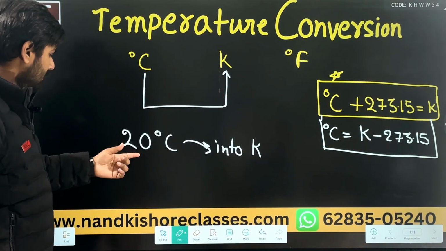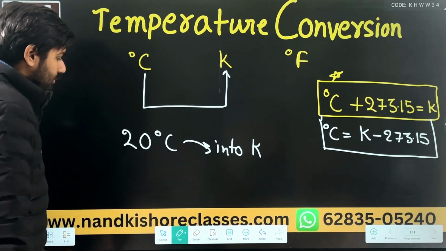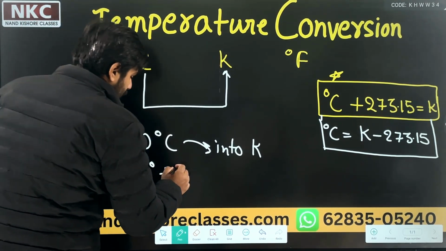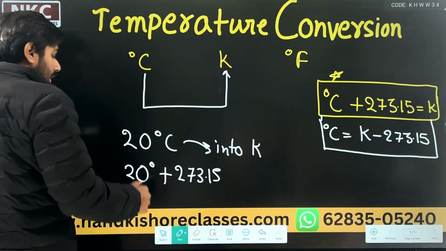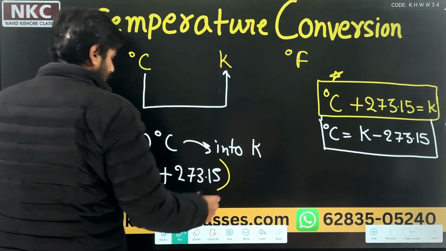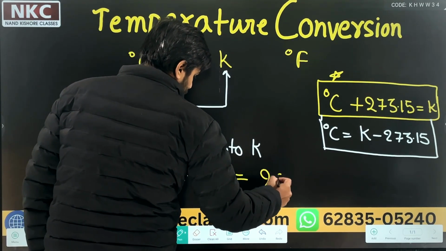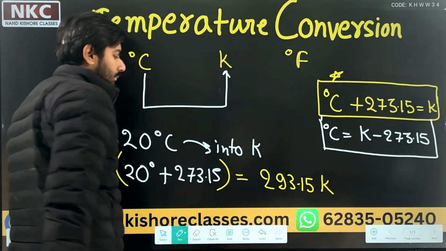Like we have to convert 20 degrees Celsius into Kelvin, so we add 20 plus 273.15, and we get 293.15, and the unit becomes Kelvin.